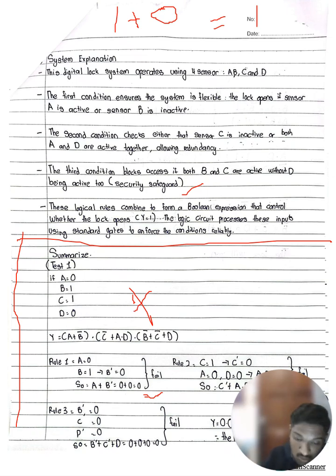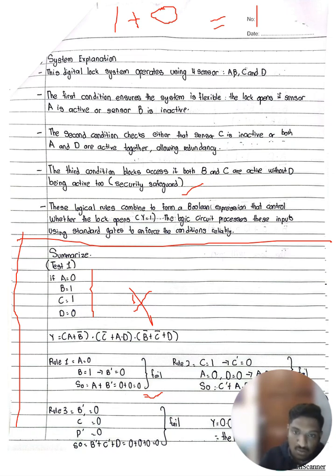Okay. Rule 2, C equals 1, so C bar equals 0. A equals 0, D equals 0 based on this scenario. So C bar, which means 0, plus A times D, obviously 0 times 0 equals 0. And the final one, 0 plus 0 equals 0.